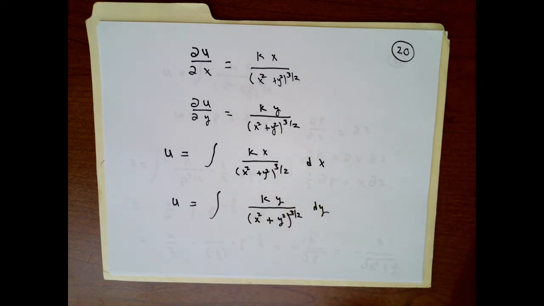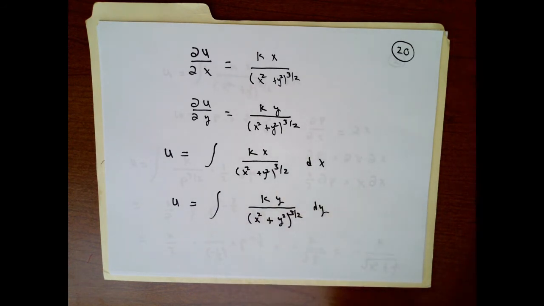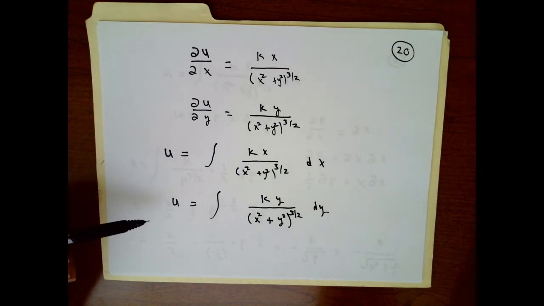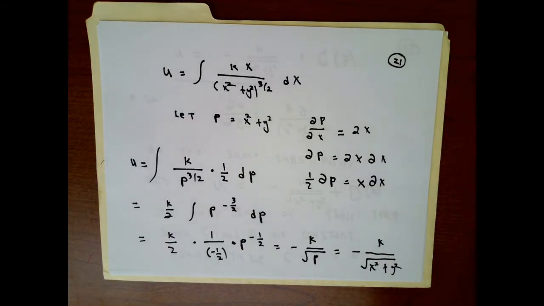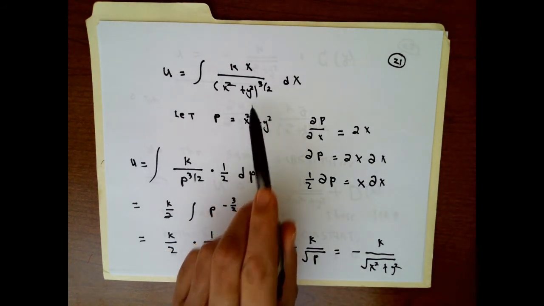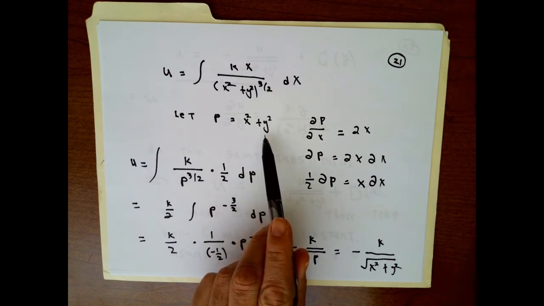I'm going to write these as ordinary integrals. I probably ought to write partial x and partial y, but that's not what people do. It is true that this equation is valid. I'm going to make a substitution here. I'm going to let p equals x squared plus y squared.